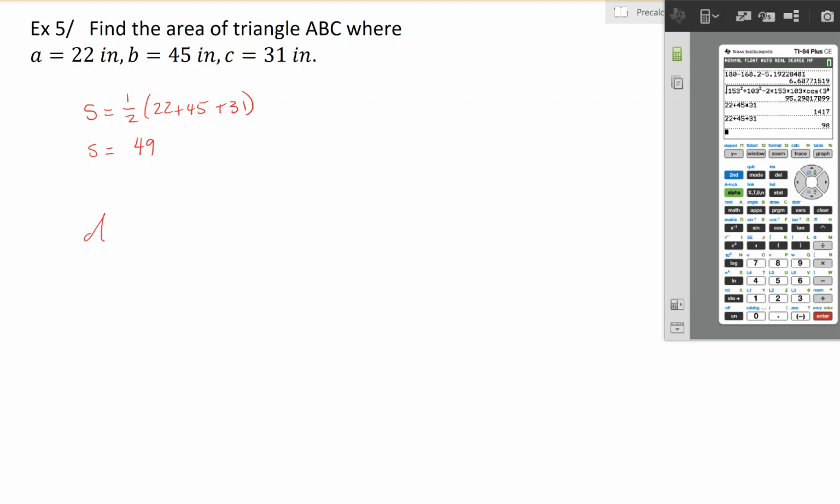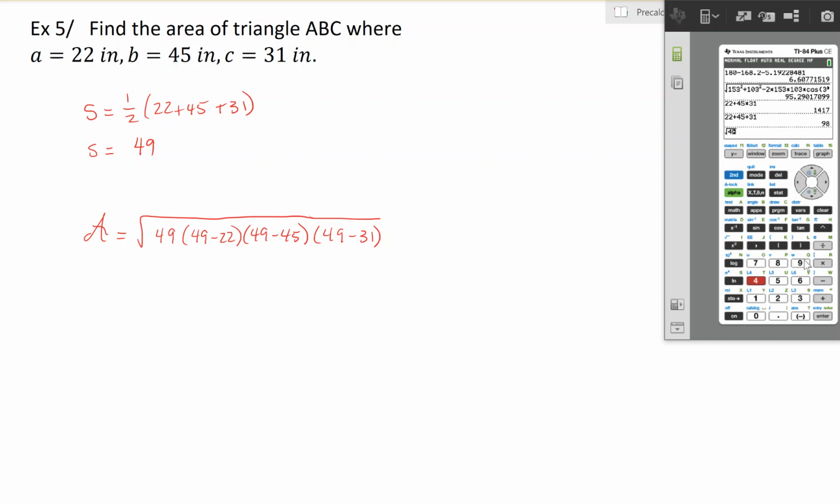That means that our area is equal to the square root of 49 times 49 minus 22 times 49 minus 45 times 49 minus 31. All right, if you want, you could just throw that all into the calculator as is, or you can simplify underneath a little bit first.